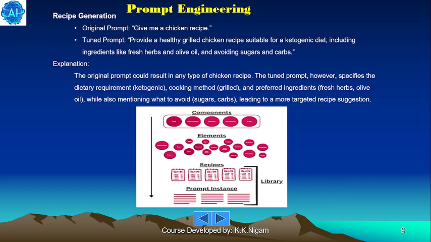The original prompt would result in any type of chicken recipe. The tuned prompt, however, specifies the dietary requirement, ketogenic, cooking method, grilled, and preferred ingredients, fresh herbs, olive oil, while also mentioning what to avoid, sugar and carbs. So leading to a more targeted recipe suggestion.